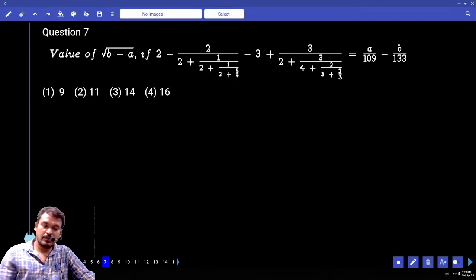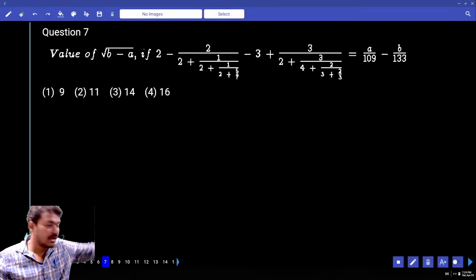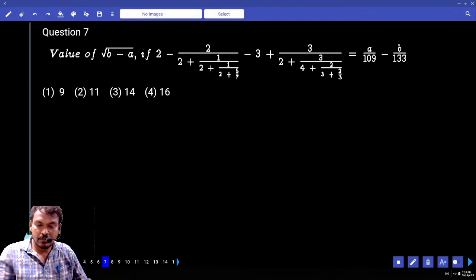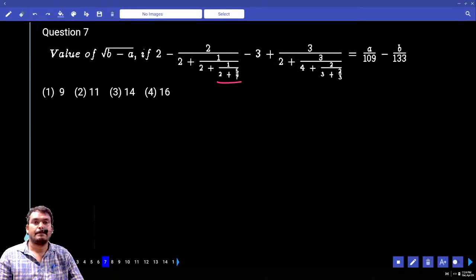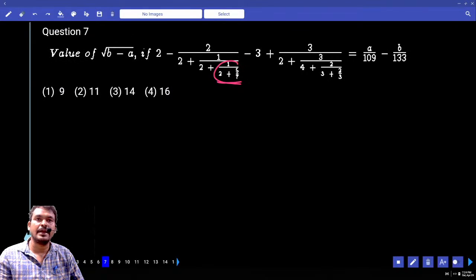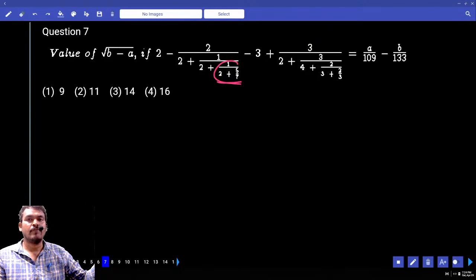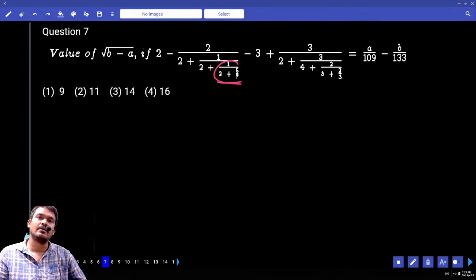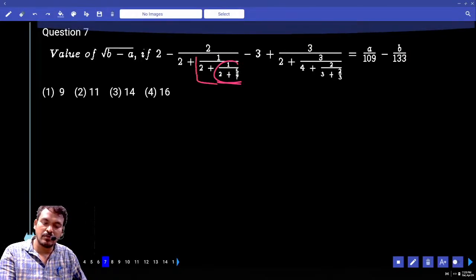Okay, first one, second one priority. 2 plus 5 by 7 means 19 by 7, that is written 7 by 19. 7 by 19, this total value is how much? 19 times 2 is 38, plus 7, 45 by 19. 1 by 45 by 19 means it is 19 by 45. 19 by 45, this total value is how much?